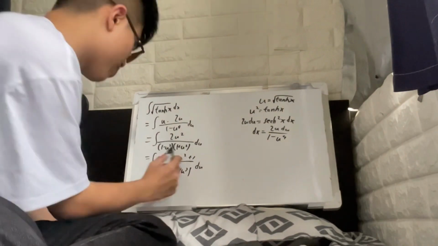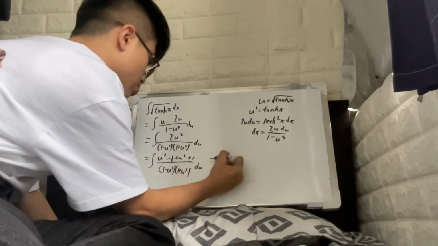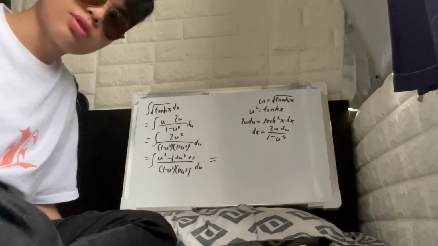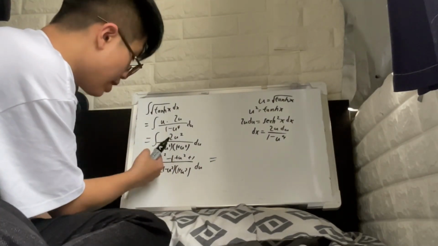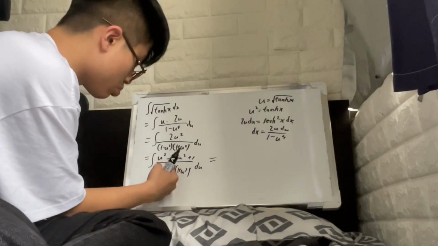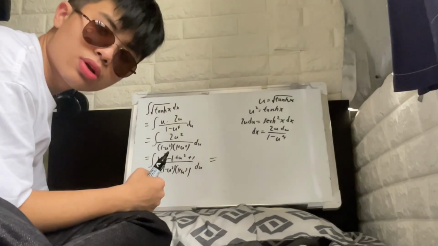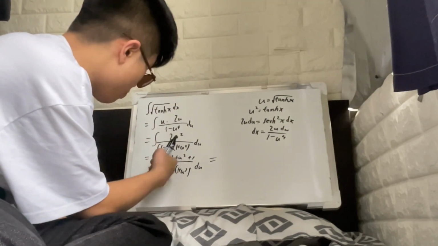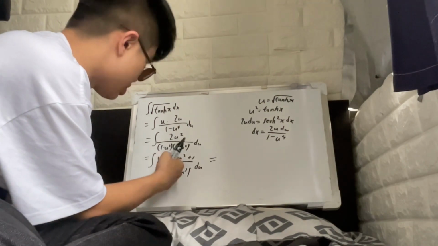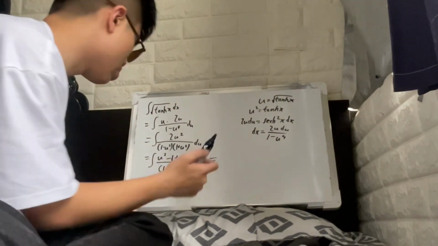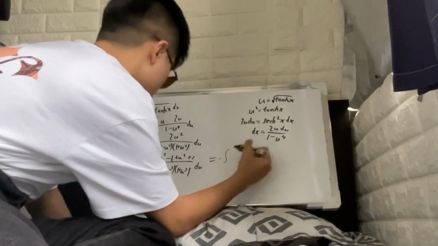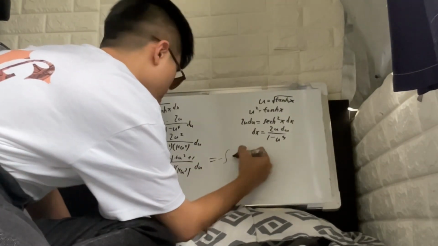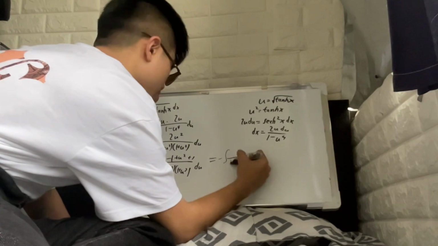Over here we can split it into two different fractions. The u squared minus 1 over 1 minus u squared, you can switch the order to get negative times 1 minus u squared, and these cancel. So you put the negative outside the integral, and you get minus the integral of 1 over 1 plus u squared.